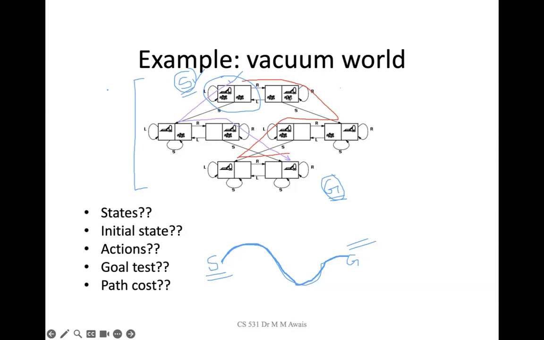So one of the purposes of using AI and the methods that we'll be studying is to give you the best possible solution. If you have alternate paths here for moving from one place to another, you can have another path here, for example, right?